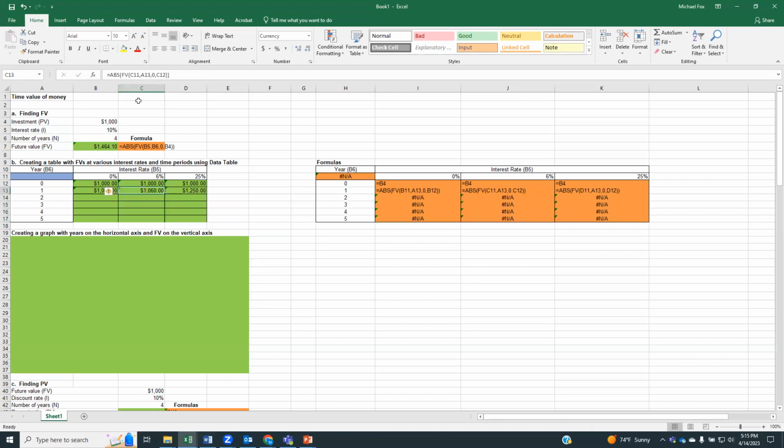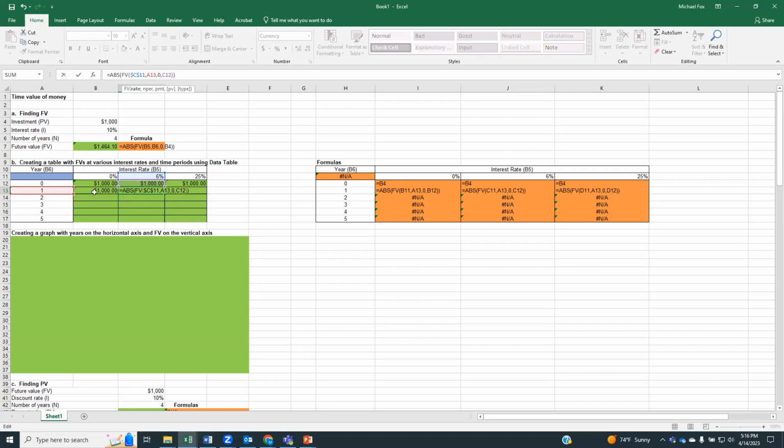Instead, I can tell Excel that when I use the fill tool, I want you to leave certain cells fixed, okay? I can do that by saying, I want C11, which is my interest rate, to stay put. I tell Excel that by putting a $ sign on either side of the C. That locks it in. So now when I use the fill tool, that cell will always stay C11.